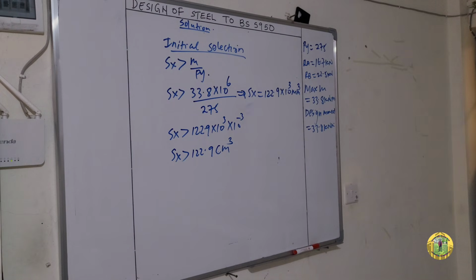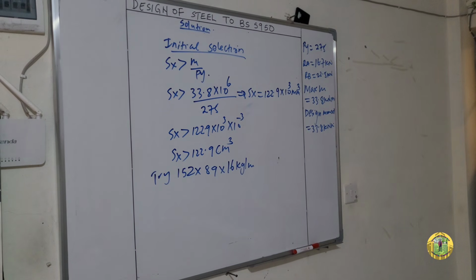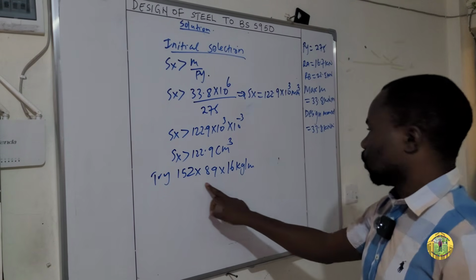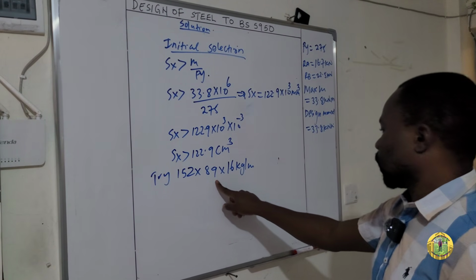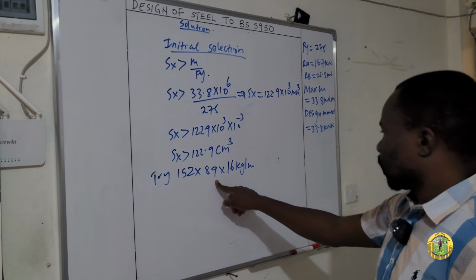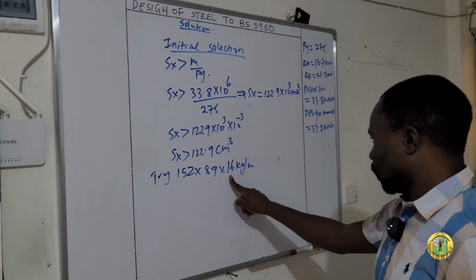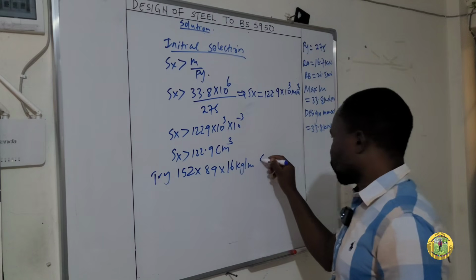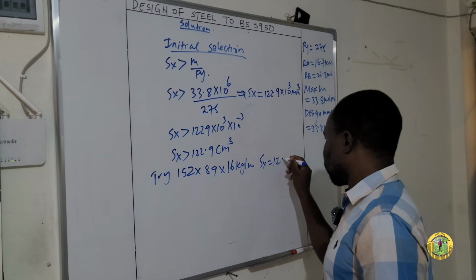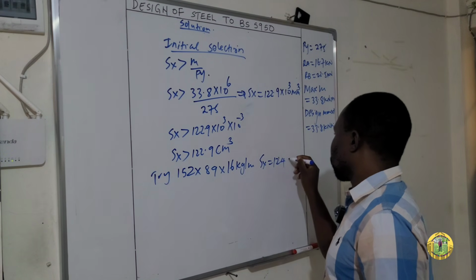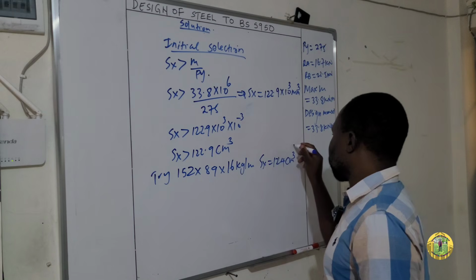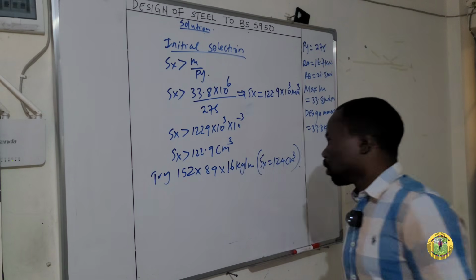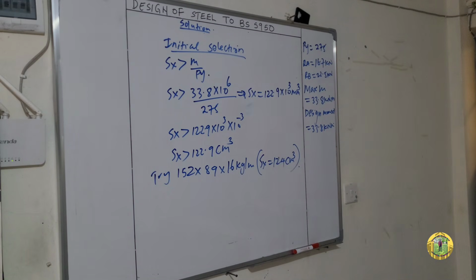So you will write the section size. So you will say try 152, this is the depth, times 89, 89 is the width, times 16 kilogram per meter. And the Sx from the table is 124 centimeter cubic.